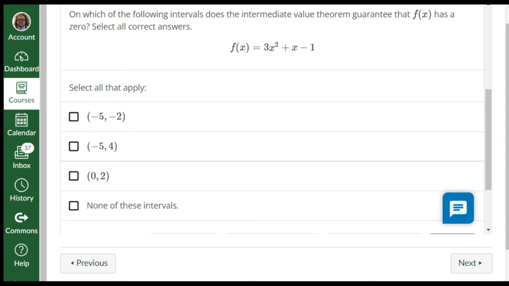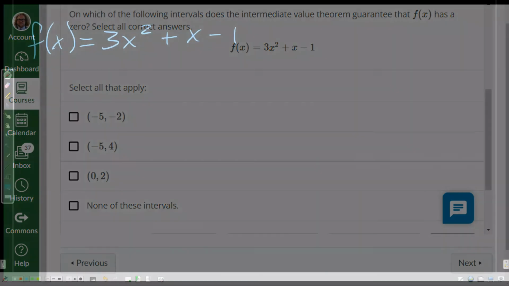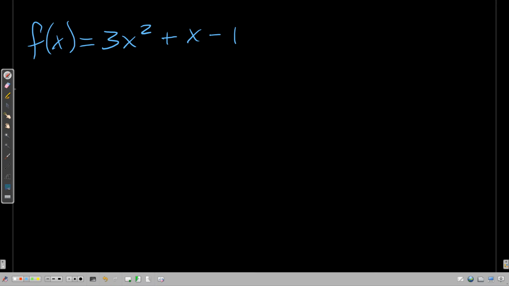Here we are again. On which intervals does the intermediate value theorem guarantee for us that we have a 0? Okay, we've got 3 intervals to check. Here is the function, and the first interval to check was -5 up to -2.